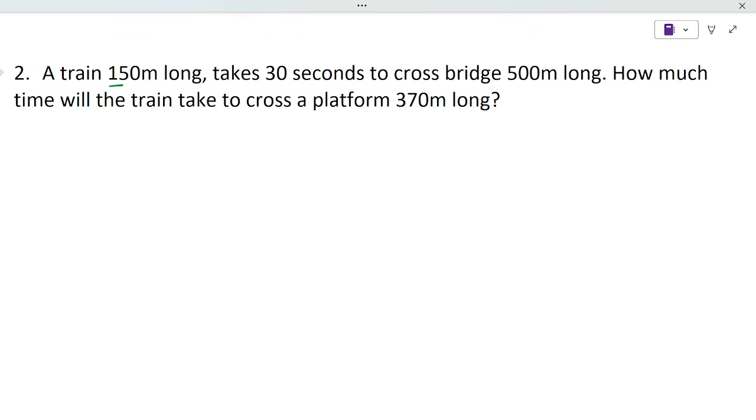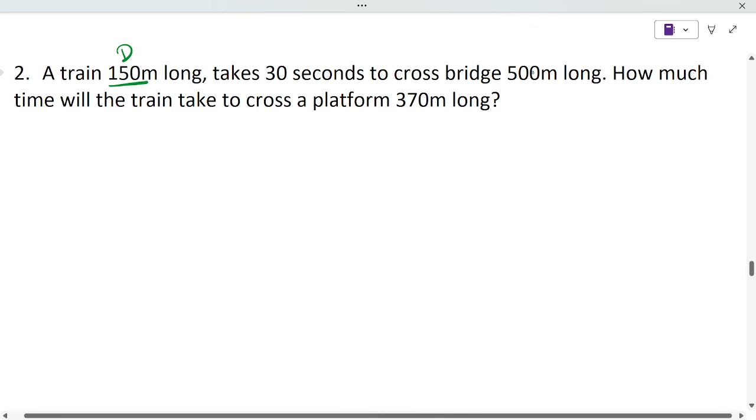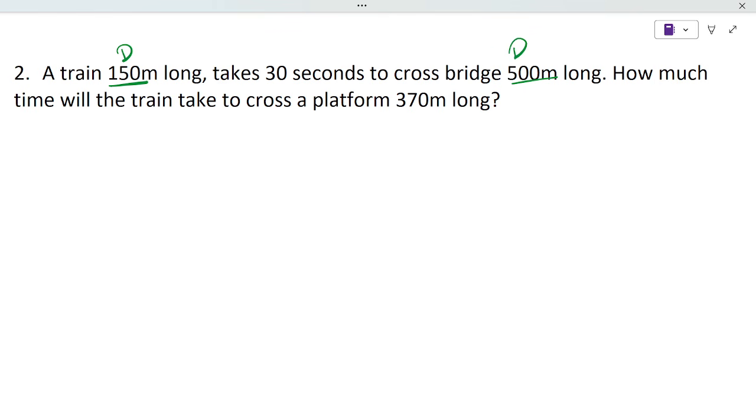The train is 150 meter, and the bridge is 500 meters, so the distance is 150 train length plus 500 meter bridge, which is 650 meters. It takes 30 seconds, so this is the time.